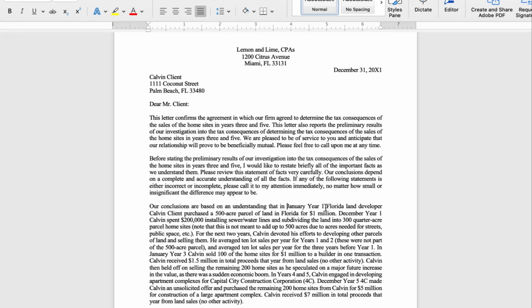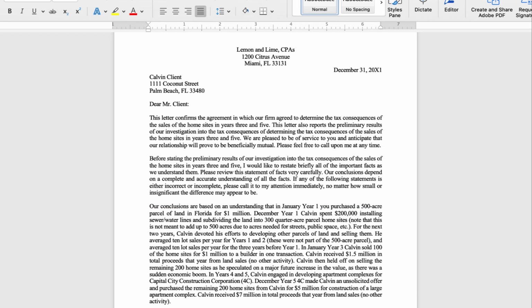So in January year 1, Florida land developer Calvin Client, we'll just change that. We'll take that off, and we'll just put you. You purchased a 500-acre parcel of land in Florida for $1 million. See? Really short. So I want to be very concise.